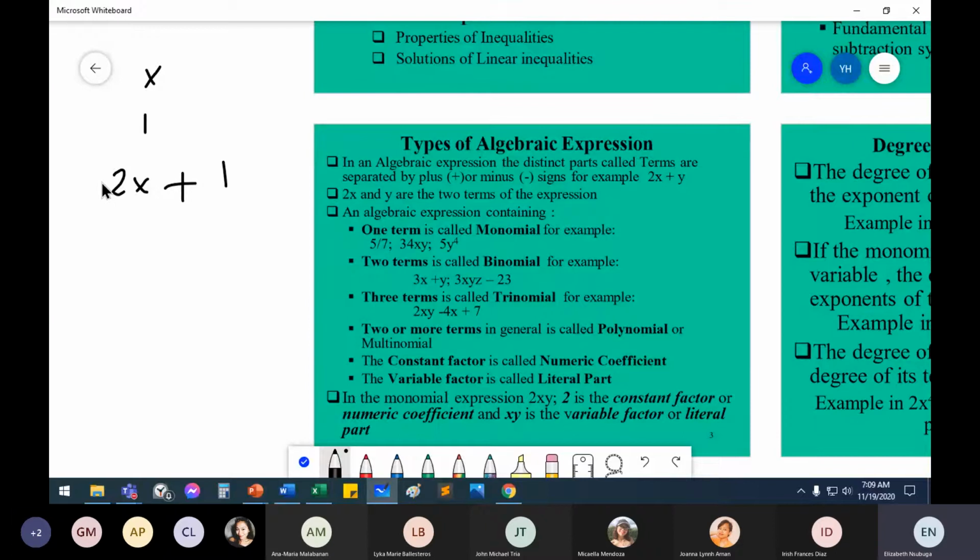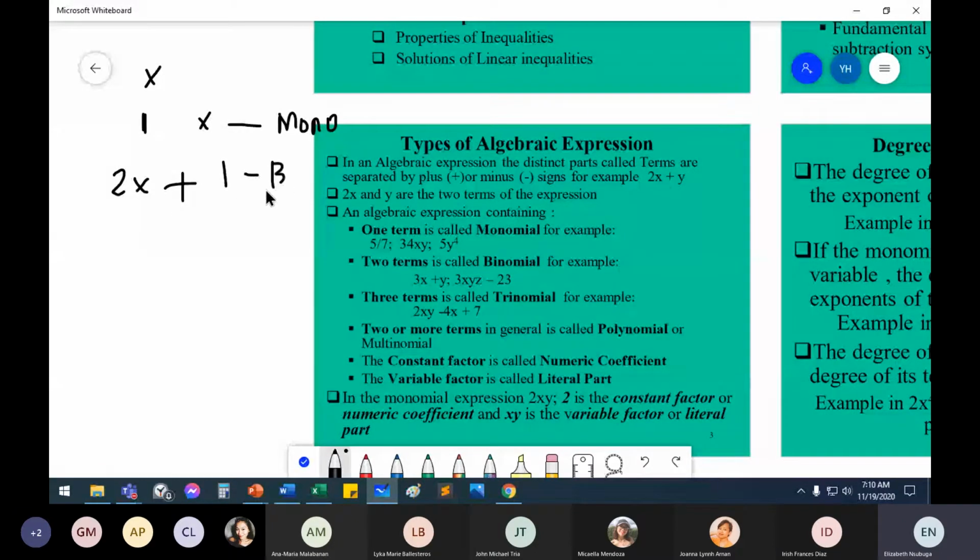So if you have an algebraic expression which is just singular, it's just alone, that one is referred to as a monomial algebraic expression. Mono means one. Now, if you have two of those expressions in one equation, then that expression is referred to as bi, because they are two: binomial.